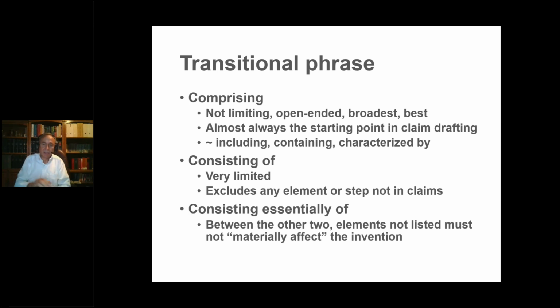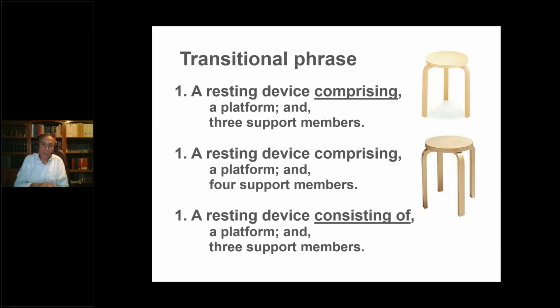So this next slide illustrates the difference between comprising and consisting of. So we have here two stools, okay? And so we have three claims, and the first claim and the second claim are to be compared to the third claim, okay? So let me elaborate.